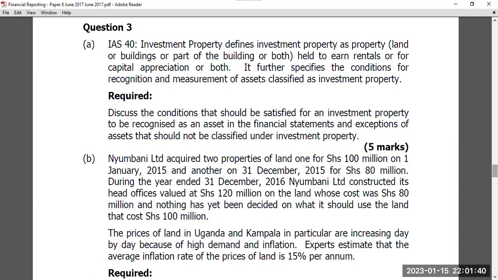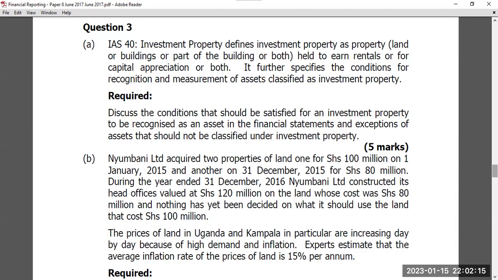But my emphasis is mainly on part B, because part A is more or less of what we covered within our theoretical aspects that we handled. We did a first video that was giving theoretical aspect, but here we are now looking at question papers and we are picking some questions to be able to enhance our understanding of the standard.